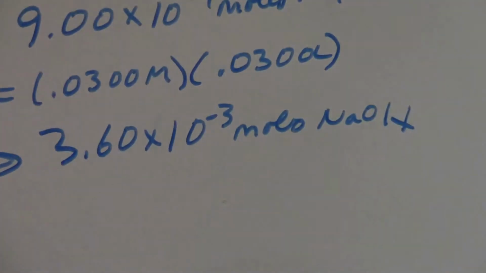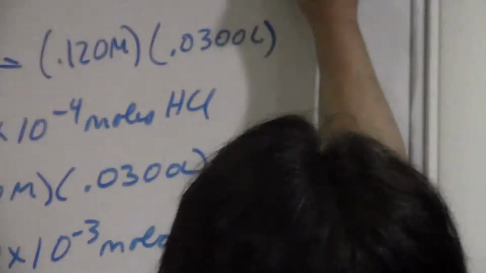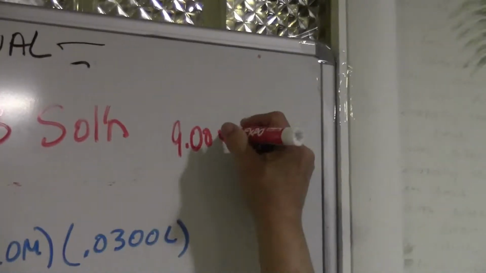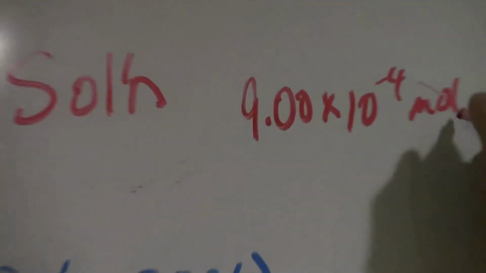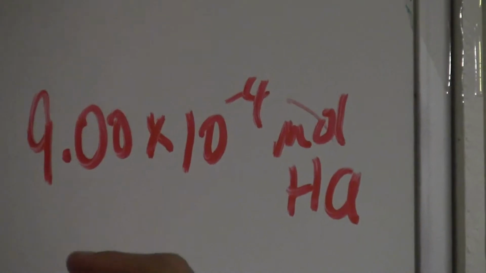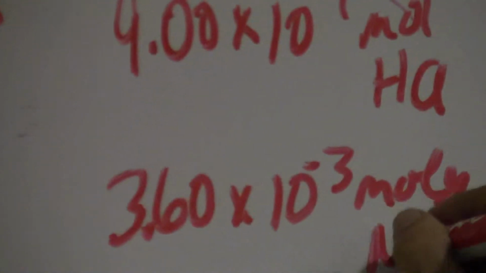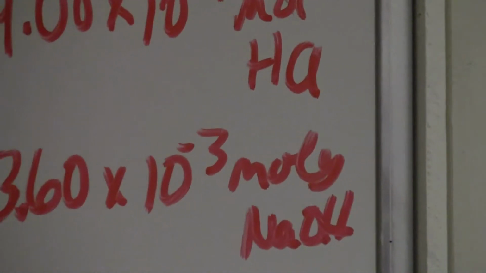I'm going to write those values up here so I can erase this. 9.00 times 10 to the minus 4th moles of HCl and 3.60 times 10 to the minus 3rd moles of our base, NaOH.